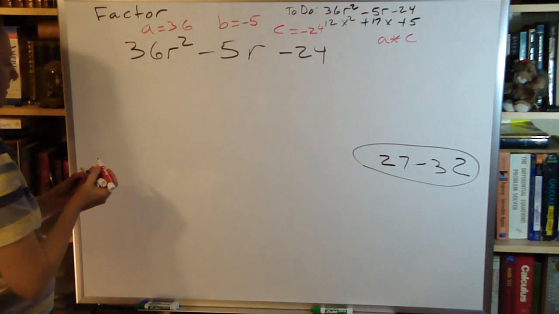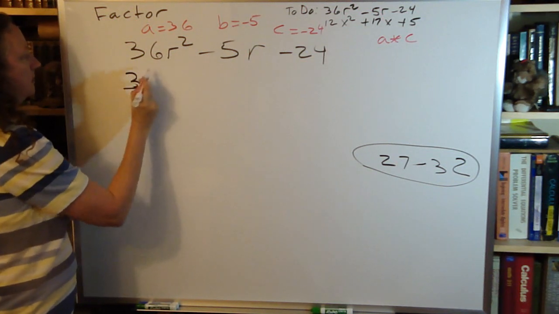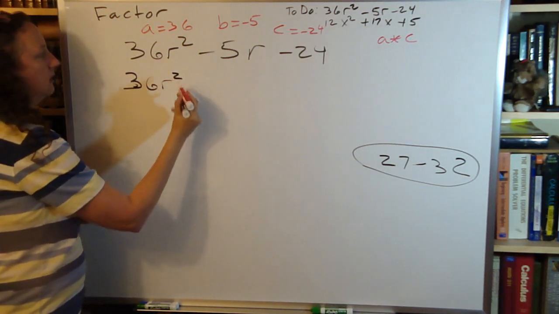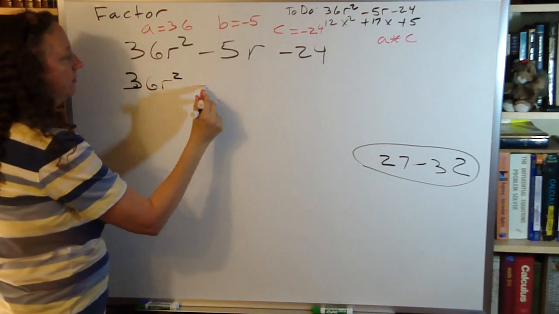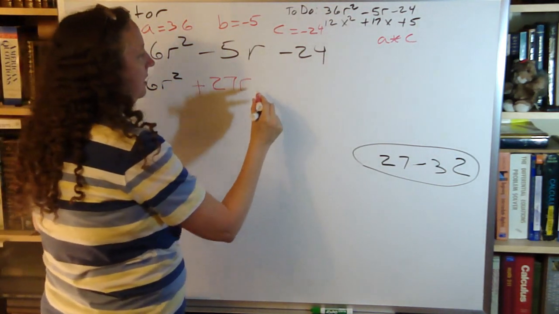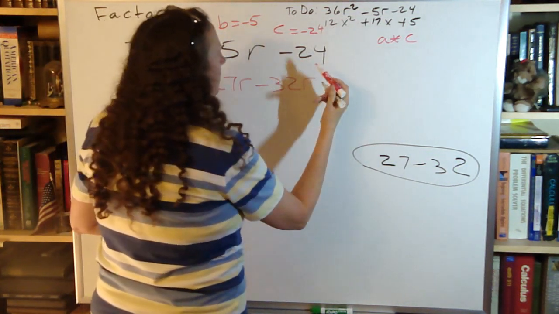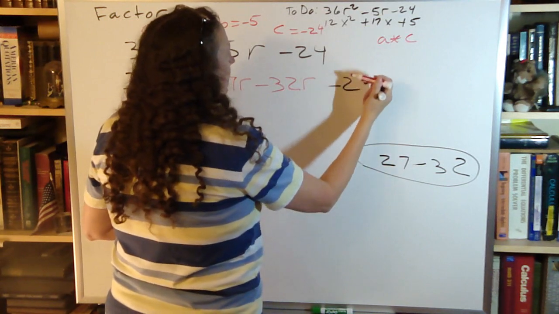So we have 36r squared plus 27r minus 32r minus 24.